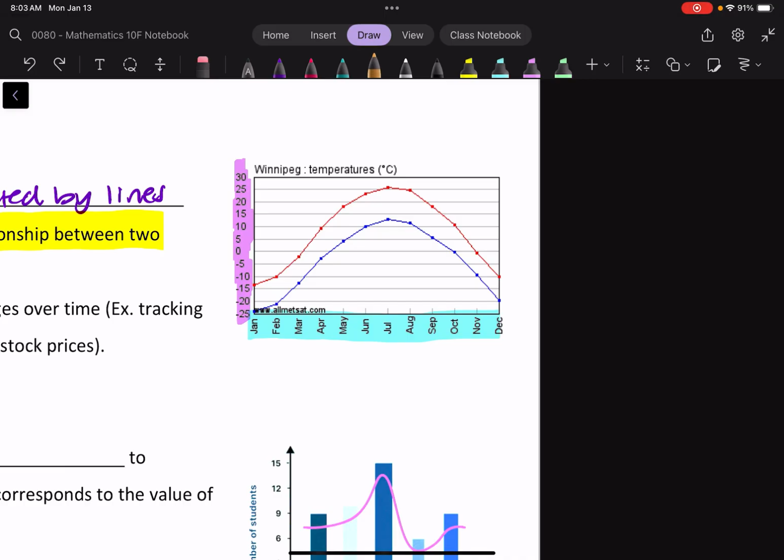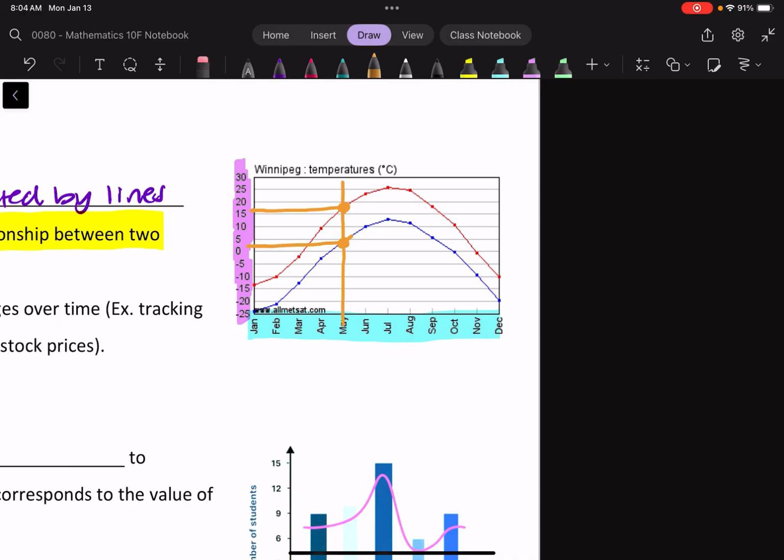So what they've done in this line graph is they've plotted the points. So if I'm looking at May, here's May, right? And they've plotted the high May temperature and the low May temperature. Again, the graph isn't great because it also doesn't tell me the year that I'm talking about. But the high May temperature might be around 17 and a half, 18.